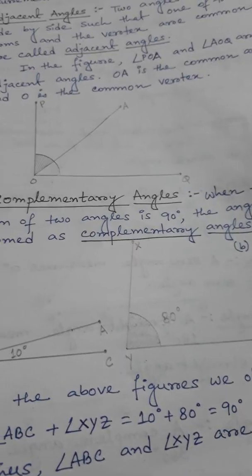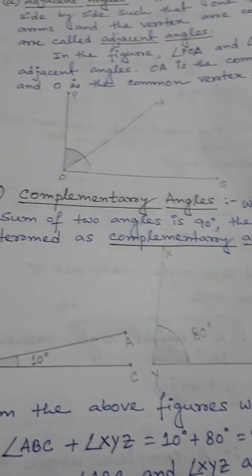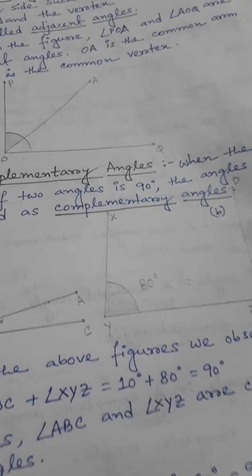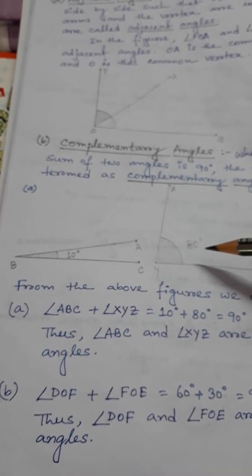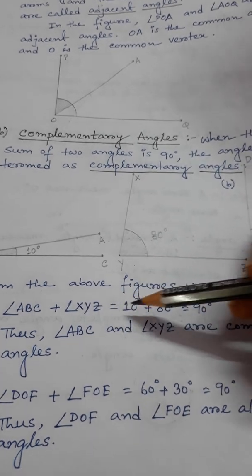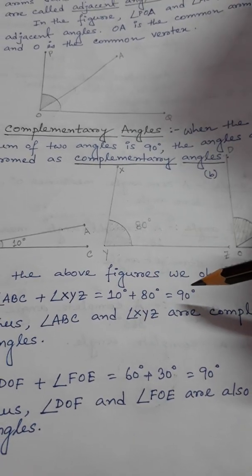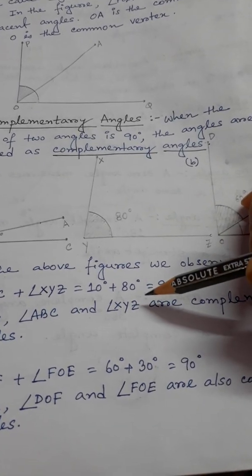From the above figure A, angle ABC plus angle XYZ equals 10 plus 80, which is 90 degrees. Thus angle ABC and angle XYZ are complementary angles.